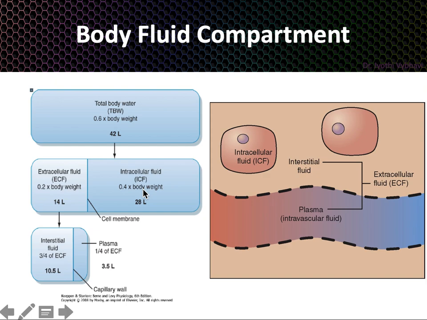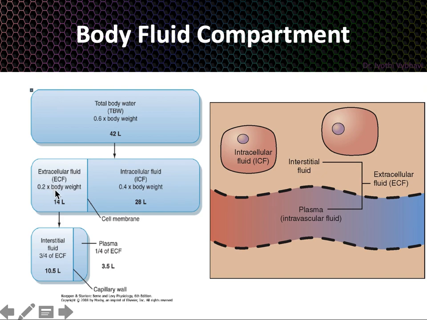Whatever fluid is there inside the cell is called intracellular fluid. Whatever is there outside the cell, everything in the interstitium, in the plasma, in the blood, everything outside the cells is called extracellular fluid. So extracellular fluid is either in the interstitium or in the plasma.